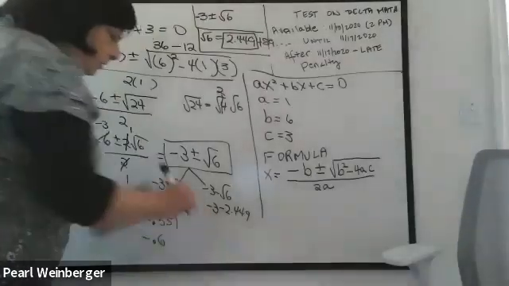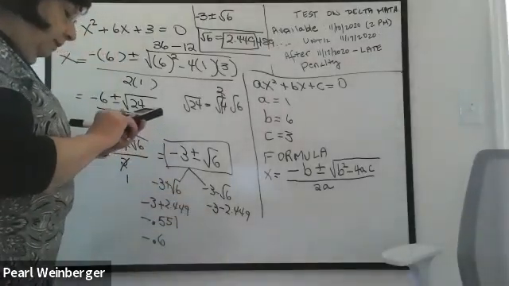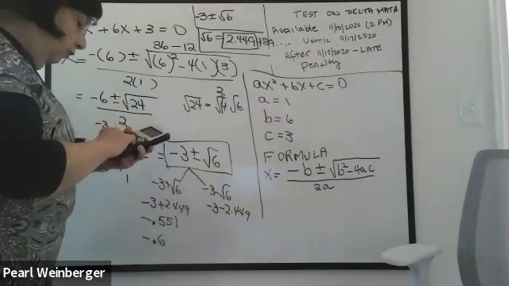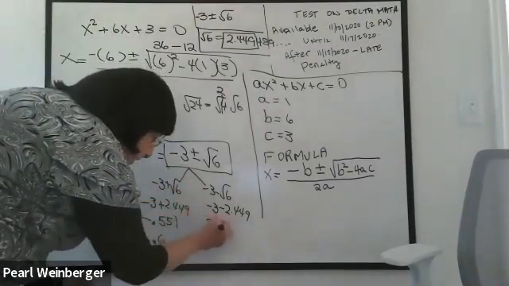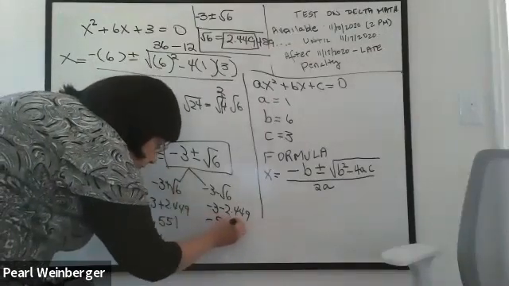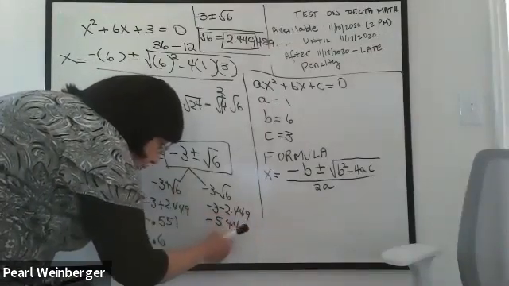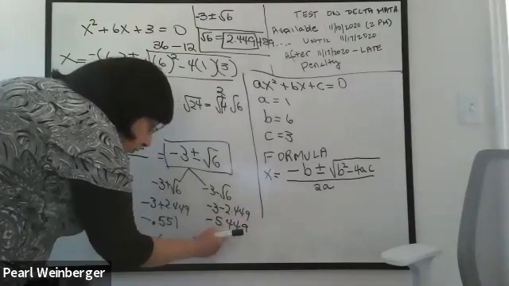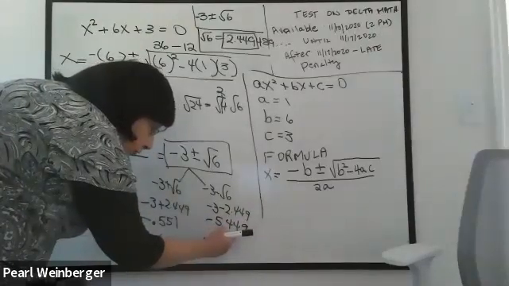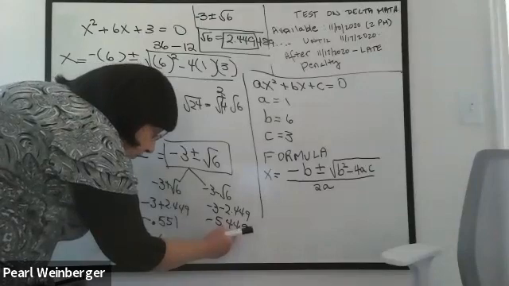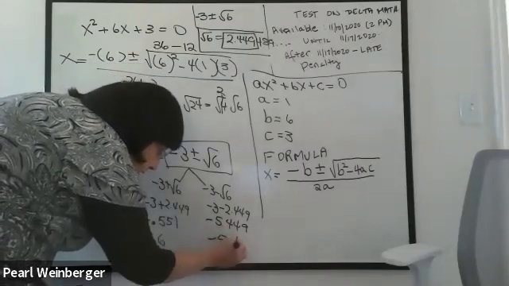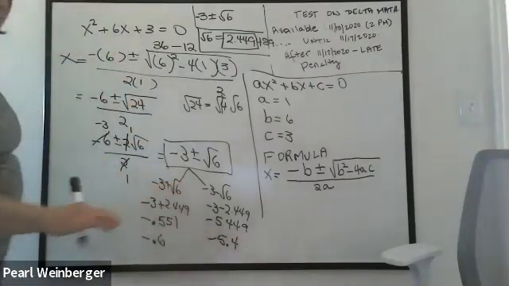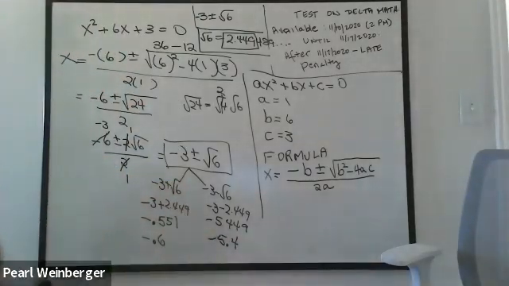Then I go to this, -3 minus 2.449, and that gives me -5.449. Again, I want to round off to the nearest 10th. So I look at the digit after that, which is a 4. It's less than 5, so I just leave this -5.4. So this is if you're asked to give your answer to the nearest 10th.